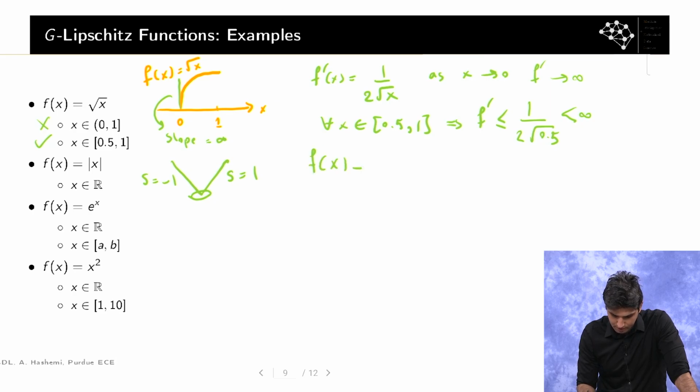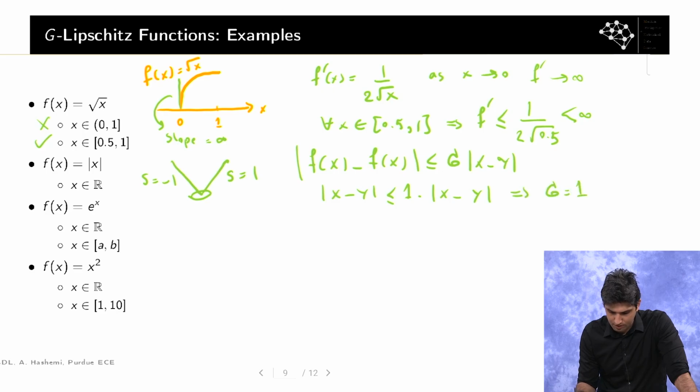The definition is that the function is Lipschitz if this condition is satisfied. So for the absolute value function, this is nothing but saying that this is less than 1 times itself. Okay. So therefore, this function is Lipschitz with the Lipschitz constant of 1.